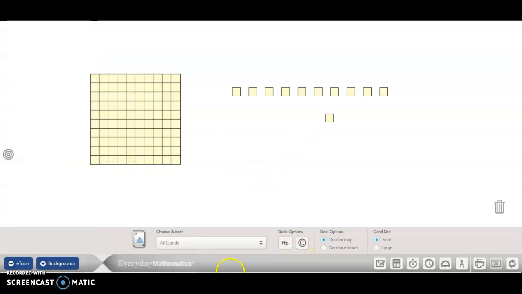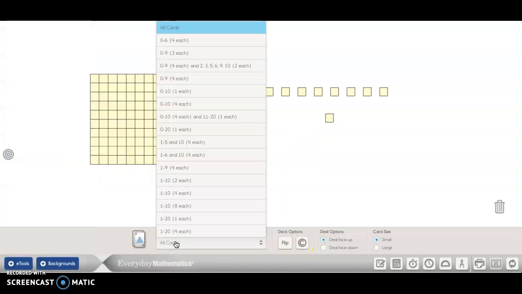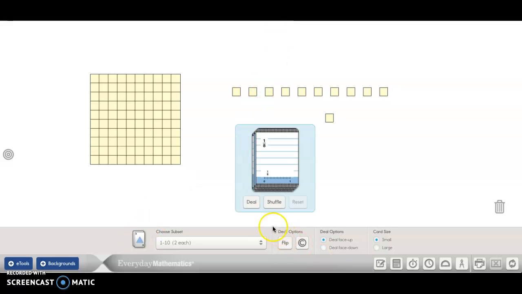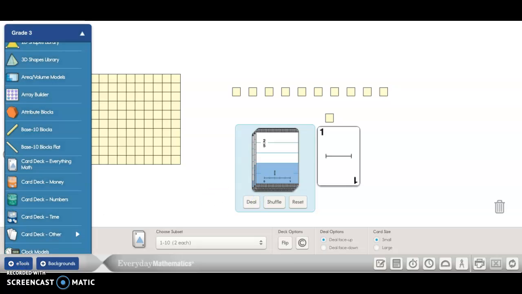Over here, what else can I do? Oh, Everyday Math games. If you find some games that you want to play that are in that student reference book, it has a whole game section, and it says you only need cards 1 through 10 and you need 2 of each. Well, I'd click 1 through 10, 2 of each, and I'd put my deck of cards here, and then it can shuffle, and I say deal, and it'll give me one of my cards. Really fun resource.